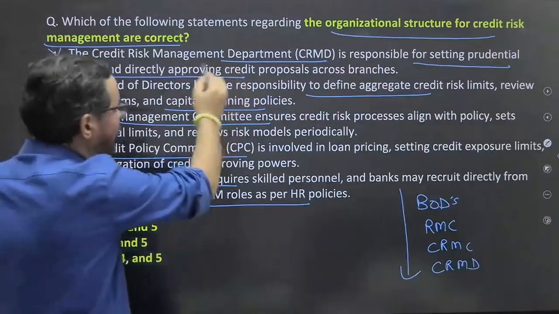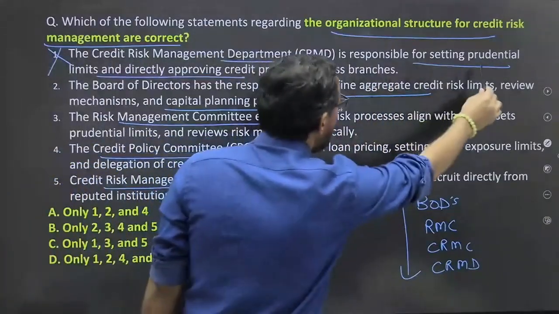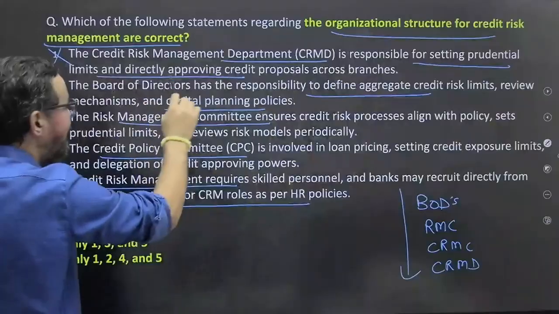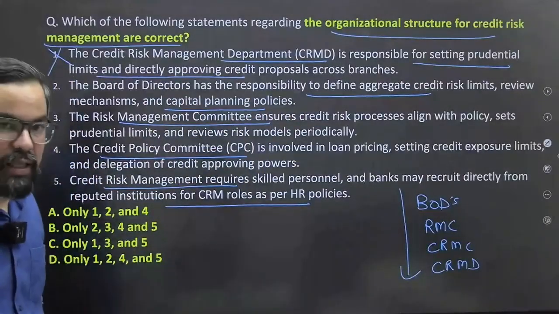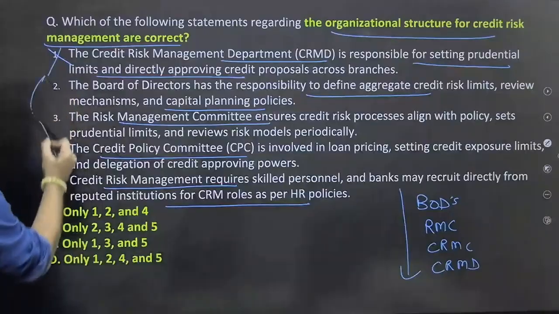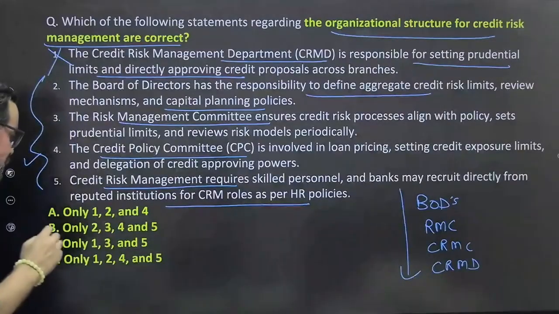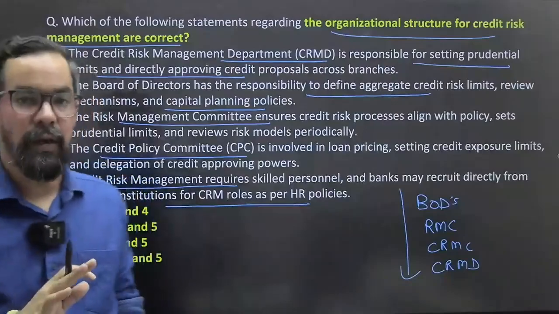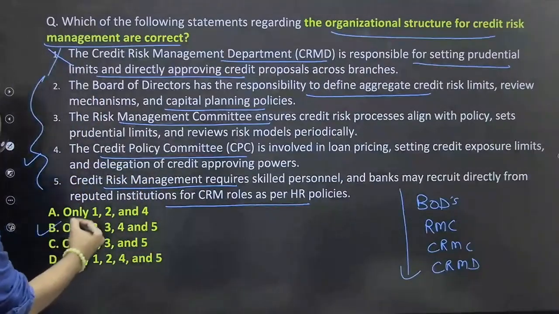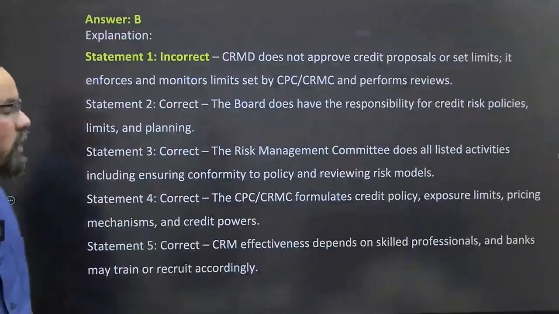So the first statement, responsible for setting prudential limits and directly approving credit proposals across branches, is wrong. Rest all seem correct. That means 2, 3, 4, 5 should be the right answer. Correct? Yes. So option B will be the right answer for this question.